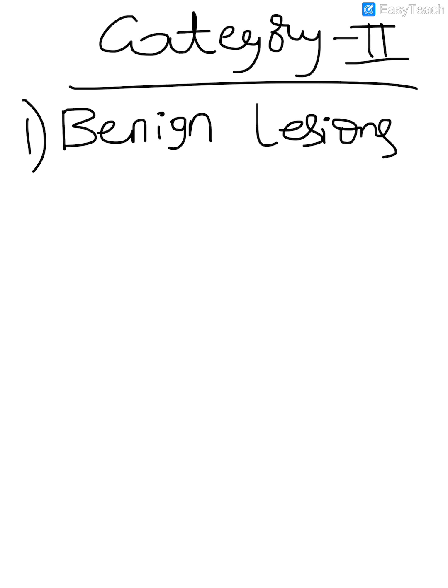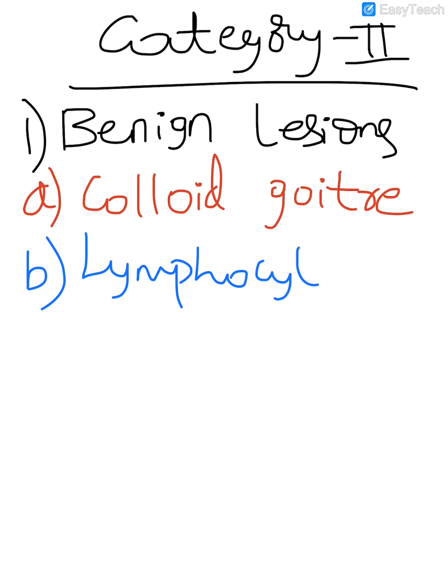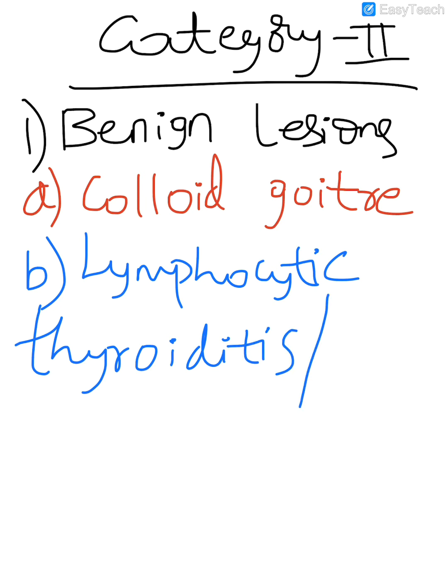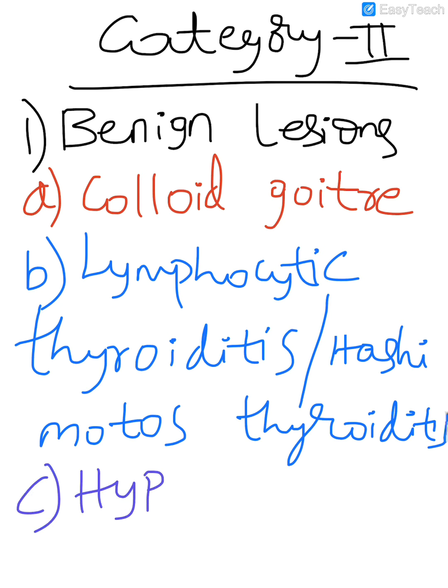Benign thyroid lesions include colloid goiter, lymphocytic thyroiditis or Hashimoto's thyroiditis, or can be a hyperplastic nodule.